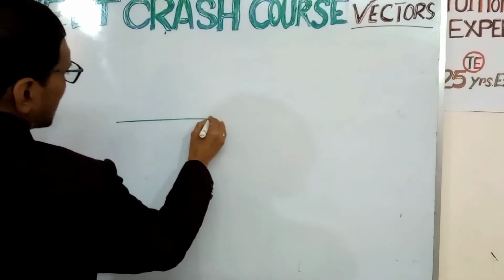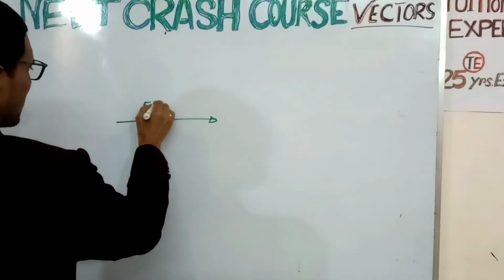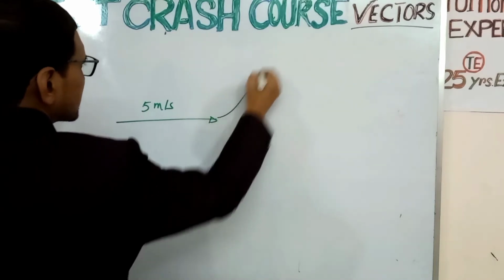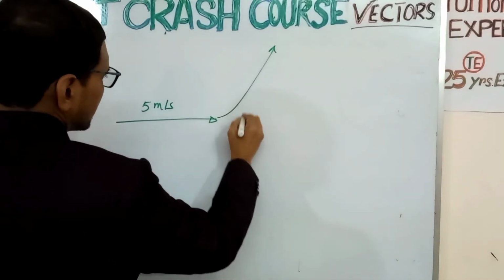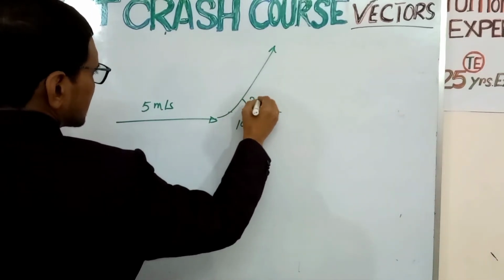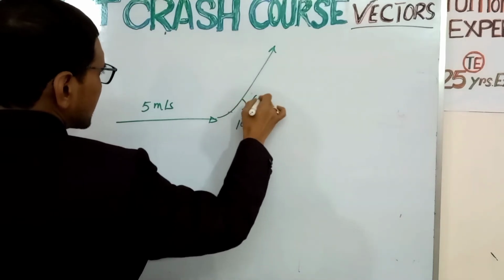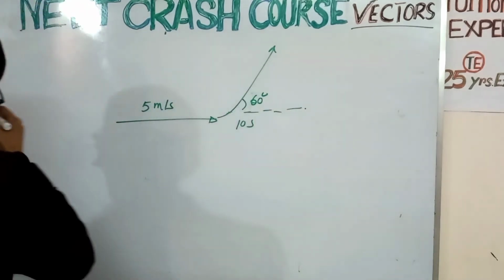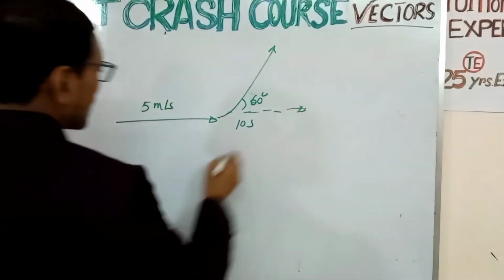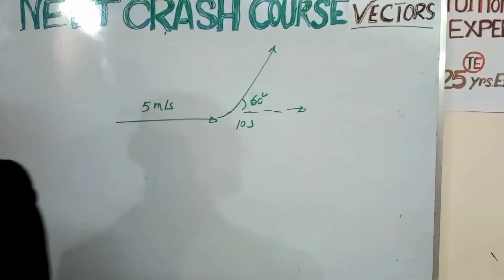A particle moves along the east direction with velocity 5 meter per second, and in 10 seconds it makes a 60 degree angle with the direction of the initial velocity.